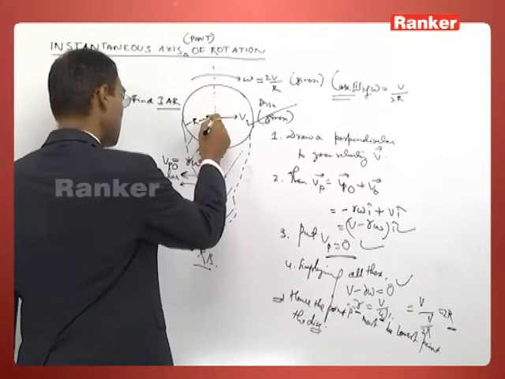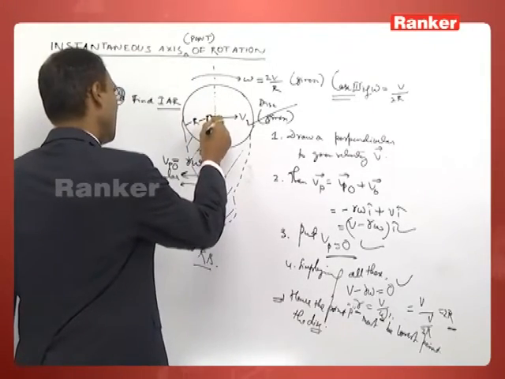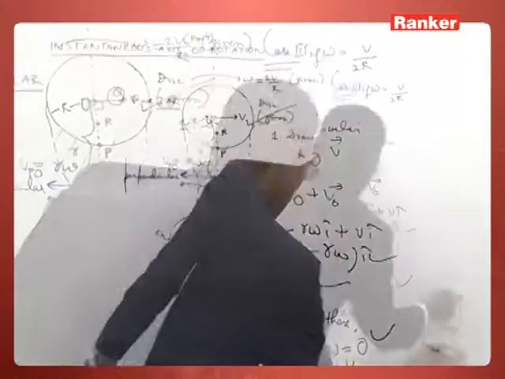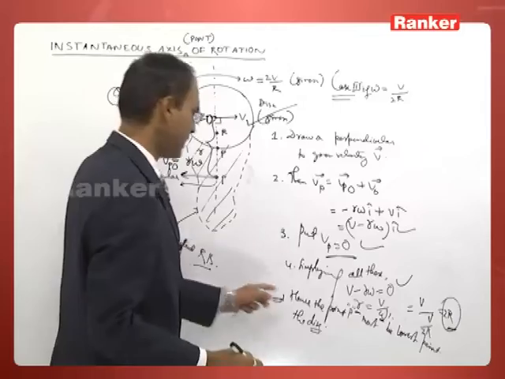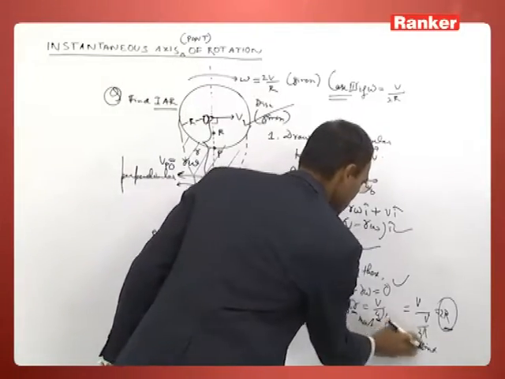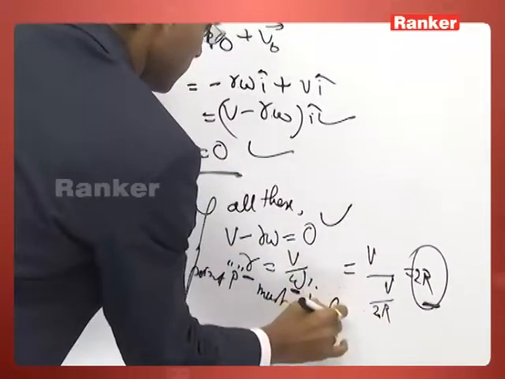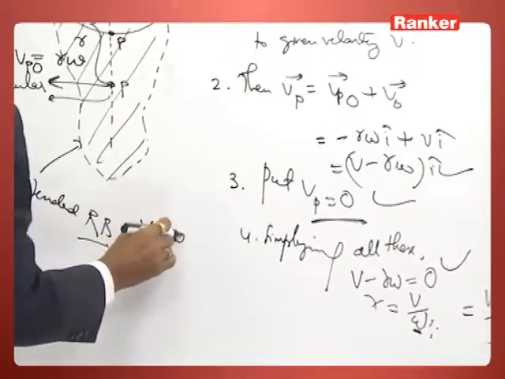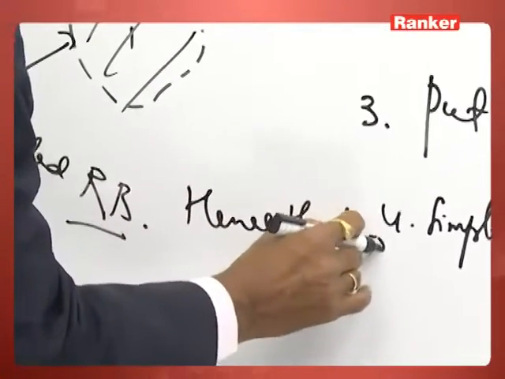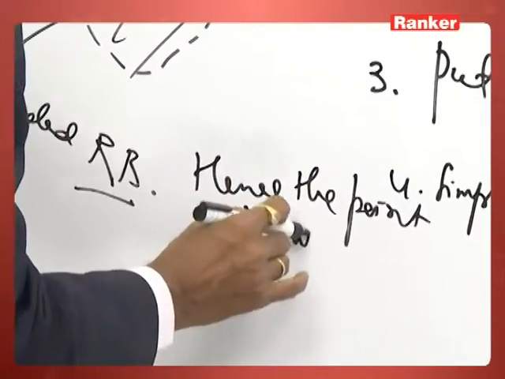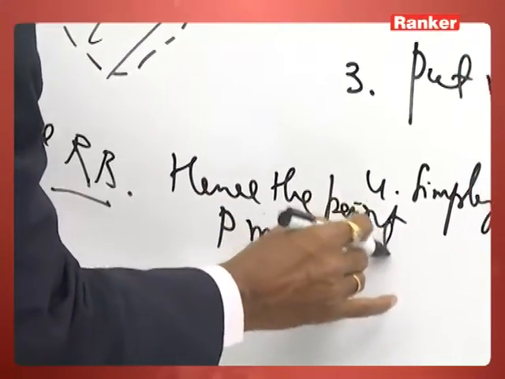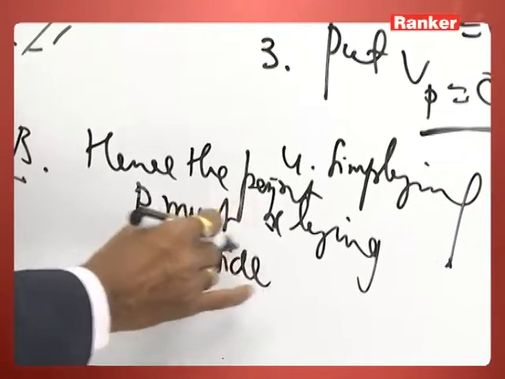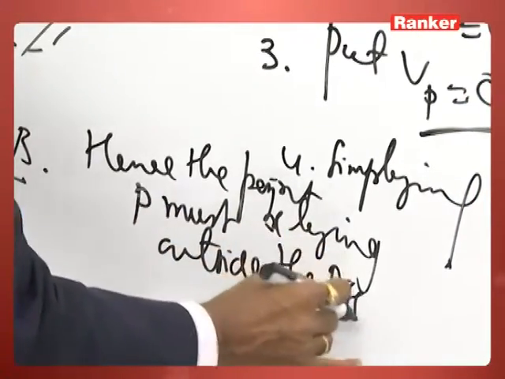So when you are calculating r from this point, and you are getting twice the radius of the disk, hence the point must be lying outside. Hence the point P must be lying outside the disk.